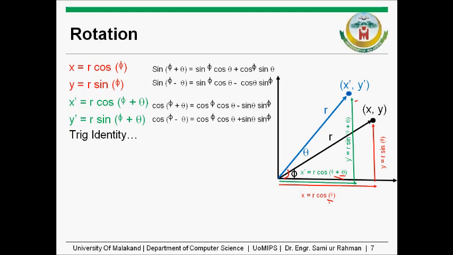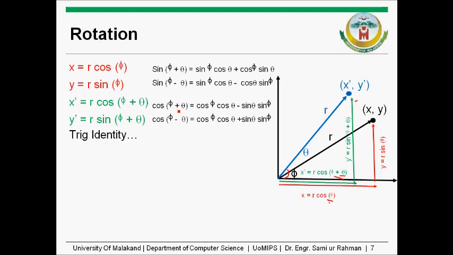Now we consider some trigonometric identities. These are maybe matric or first year trigonometry equations. I myself had forgotten these equations, but you can look back at those books and you will find these formulas, where sin of phi plus theta is equal to sin phi cos theta plus cos phi sin theta. For the minus symbol in the sine case, the sign stays the same, but in the cos case it is opposite.